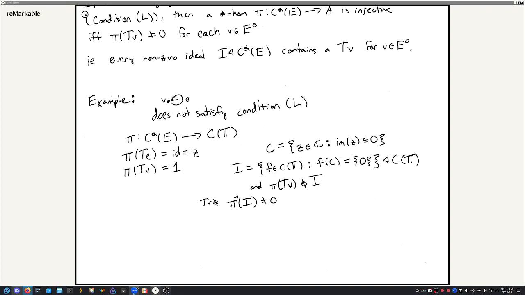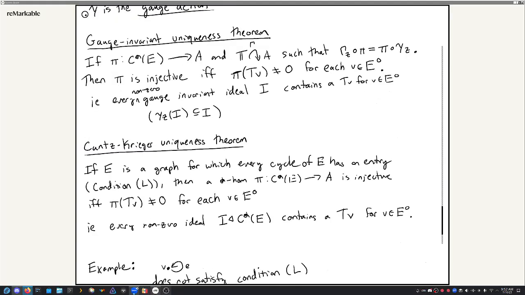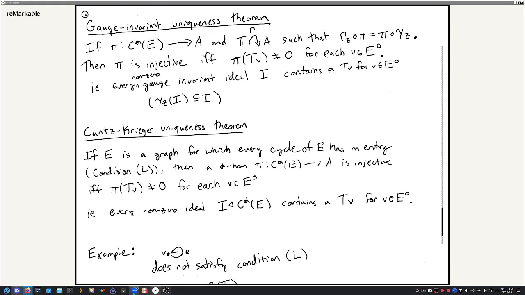But also notice that we don't have that pi is gauge equivariant. Mainly I'm referring to this gauge invariant uniqueness theorem. This condition here actually tells you what the action on the image would have to be.